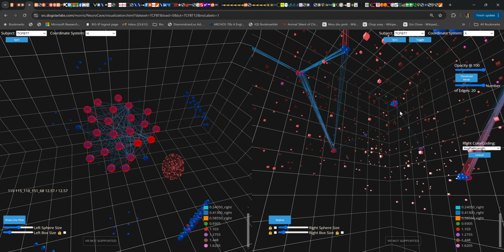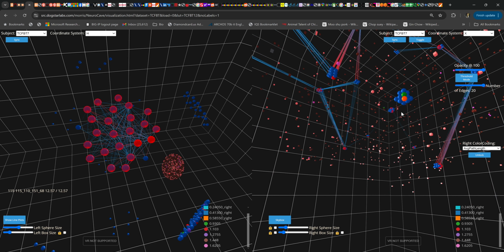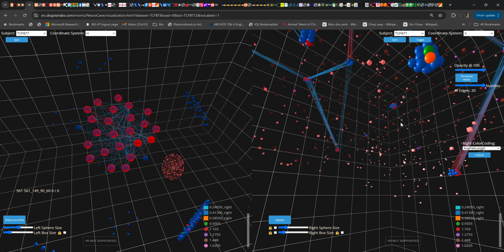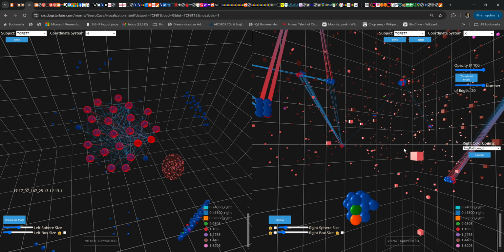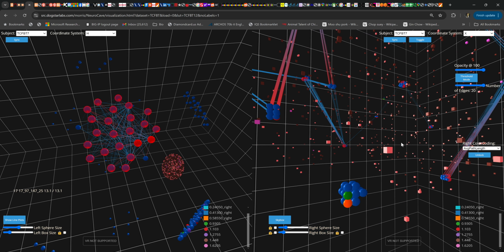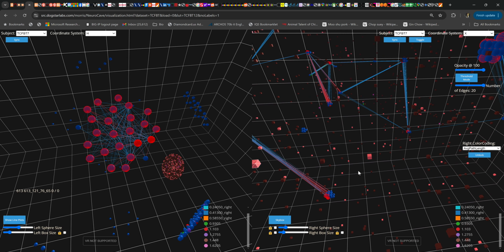That cluster is somewhat prolific, but this tumor here does not have any cells of that cluster in it. So that might be an interesting finding.